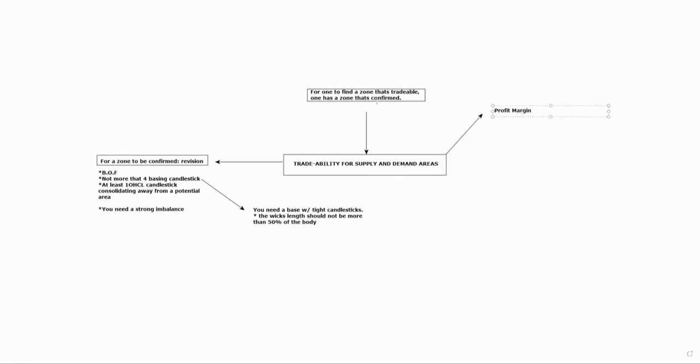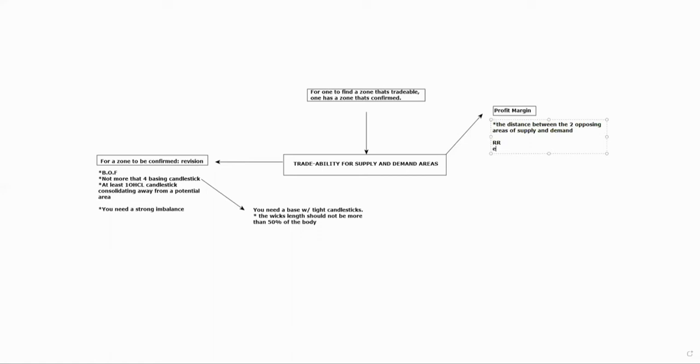And the profit margin is basically the distance between two opposing areas of supply and demand. So it's basically RR. When you're talking about profit margin, we're talking about risk to reward ratio. How do you set your stop loss with this thing?